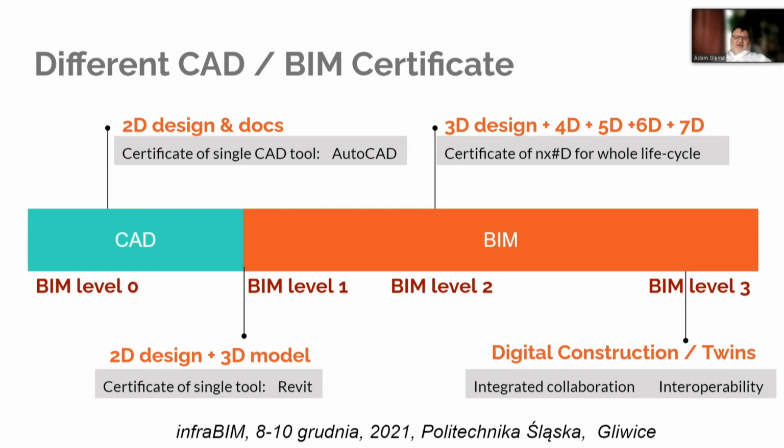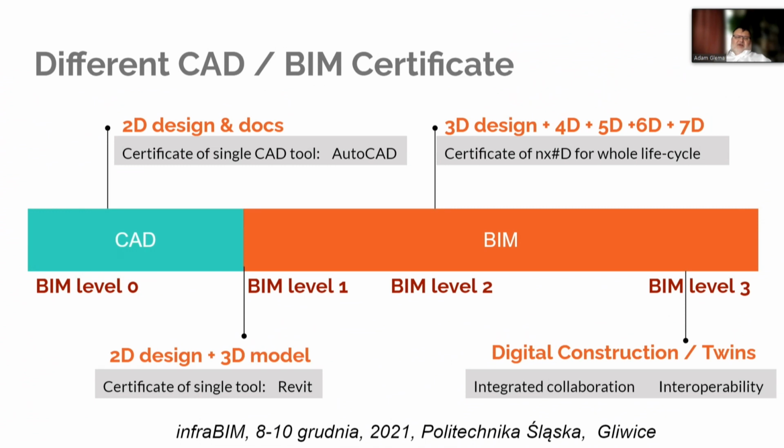This slide is aiming at returning to the traditional drawing, being part of the characteristics of BIM. So the levels 0, 1, 2, 3, and here again a question arises. If somebody gets a certificate, what does it mean? Is it a qualification at level 0, 1, 2, or 3?